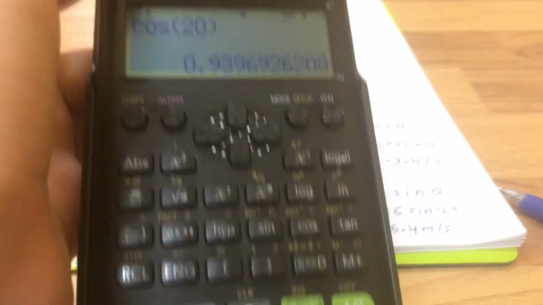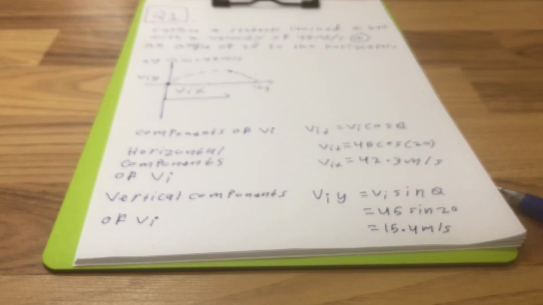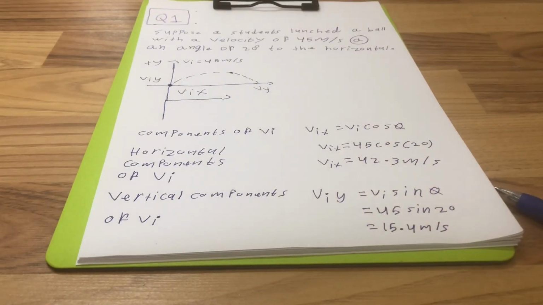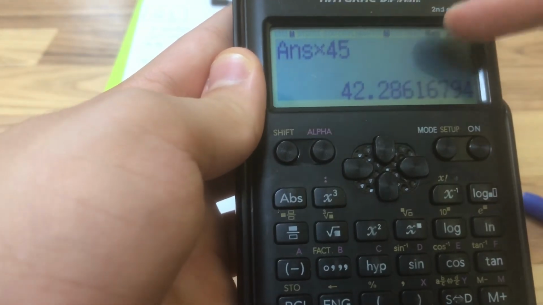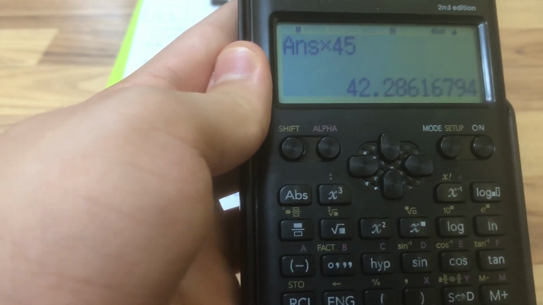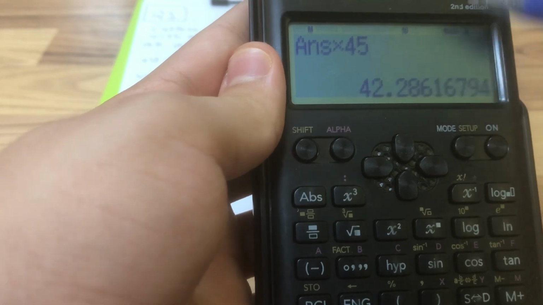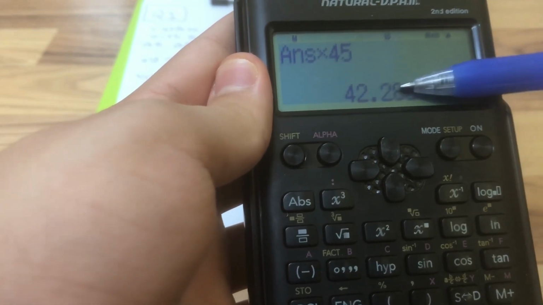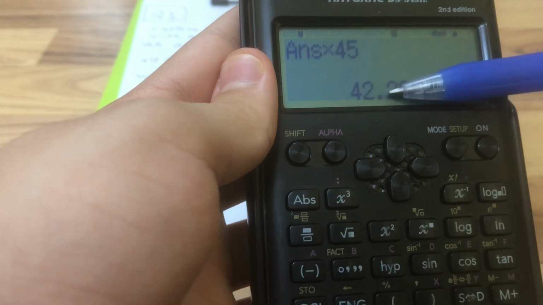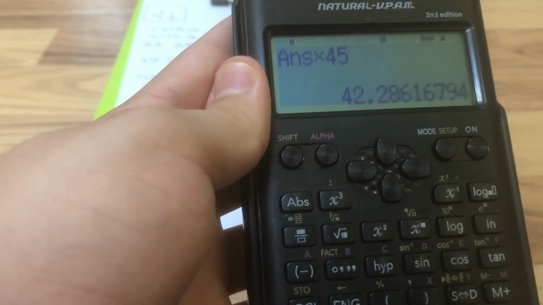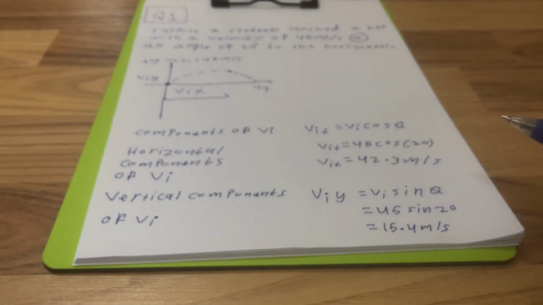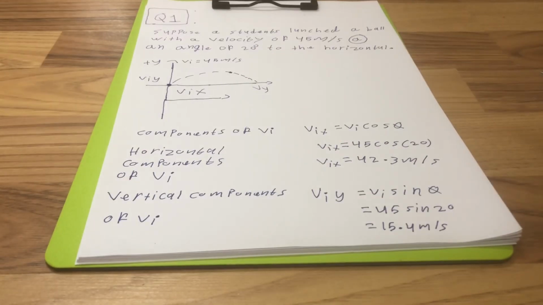Round it to 0.94, times 45 gives us 42.28. If you round it, the digit after is greater than 5, so we add 1, so 42.3 meters per second.